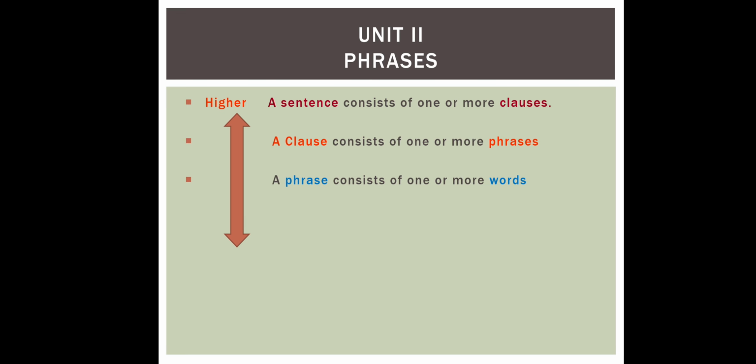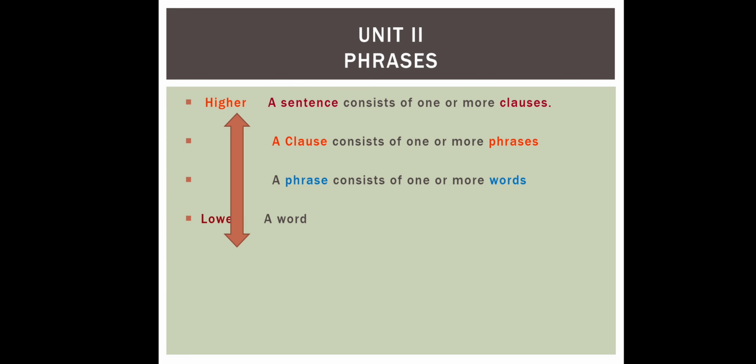On the other hand, some phrases consist of more than one word, and a word is the lowest unit in this hierarchy, because if we break a word down further, we get speech sounds or phonemes. In other words, words are made up of phonemes or speech sounds.